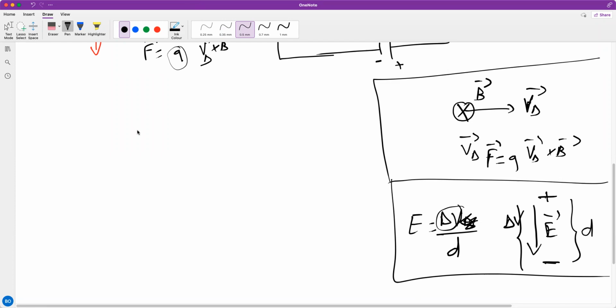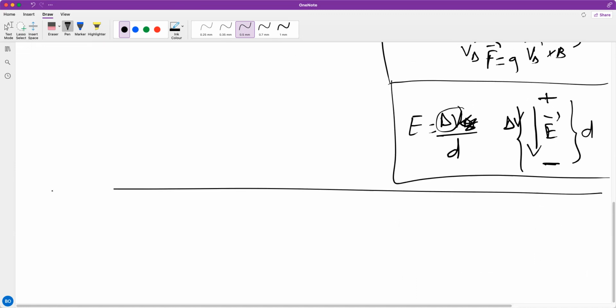Okay, so let's move forward. The third part is the wave propagation in solids.